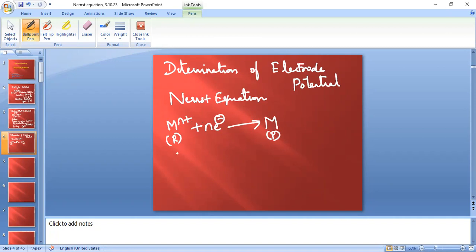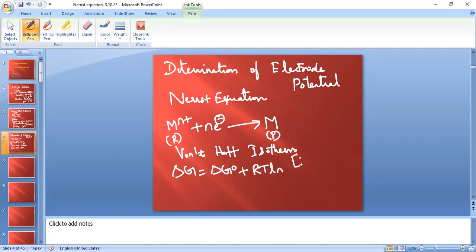Now, from the van't Hoff isotherm, I'm not going into the derivation of the van't Hoff isotherm; I'm going to the expression of the van't Hoff isotherm. We know that delta G is equal to delta G naught plus RT ln of the concentration of the product by the concentration of the reactant.